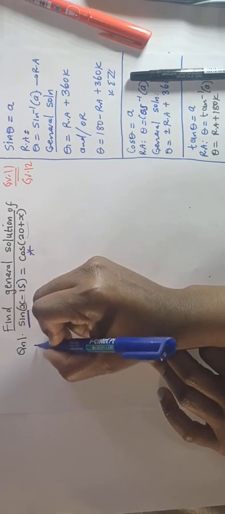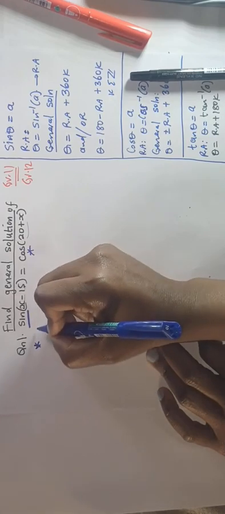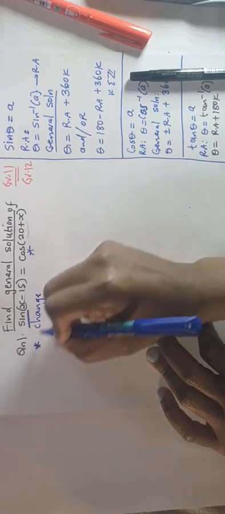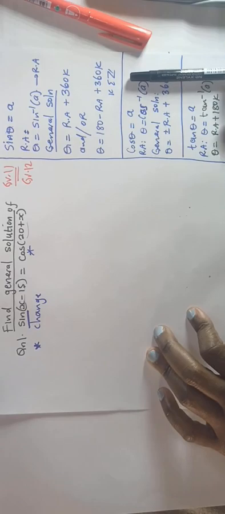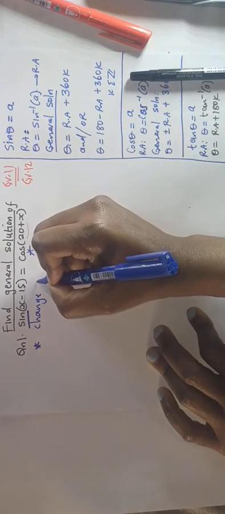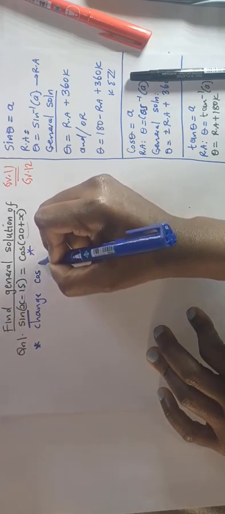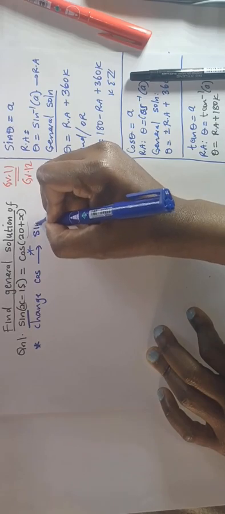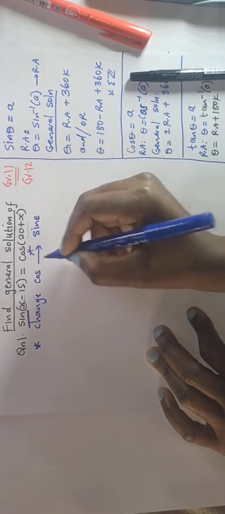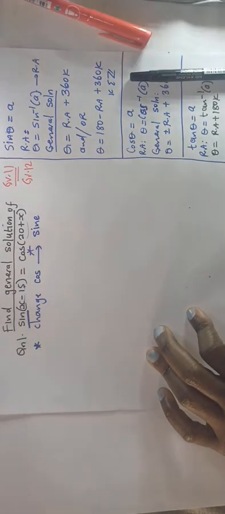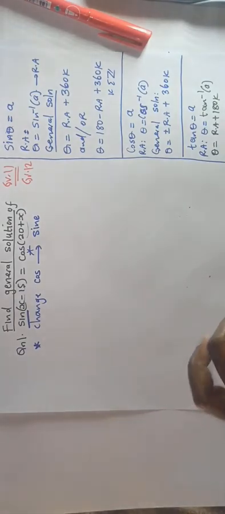You decide in your mind, even if you don't write it, that you want to change cos to become sine.